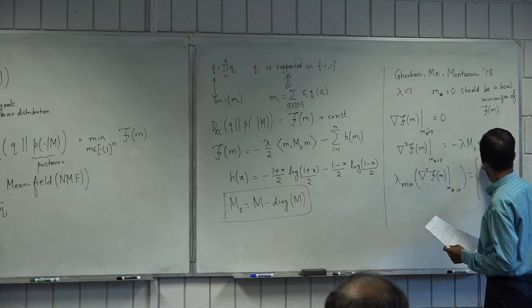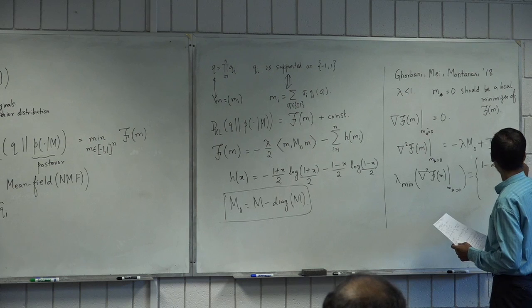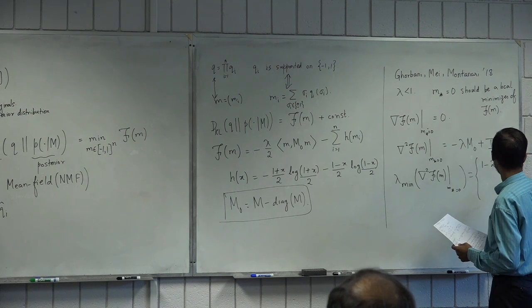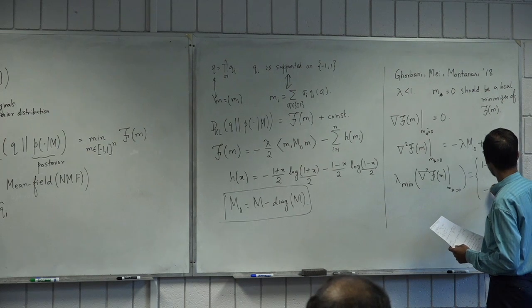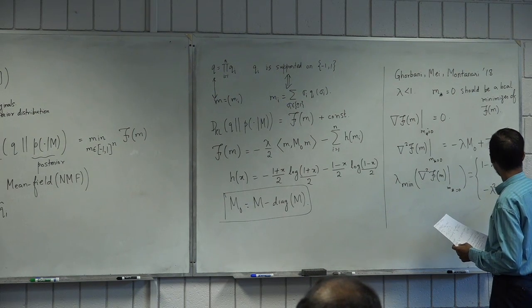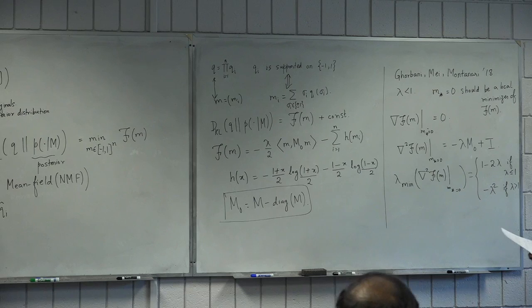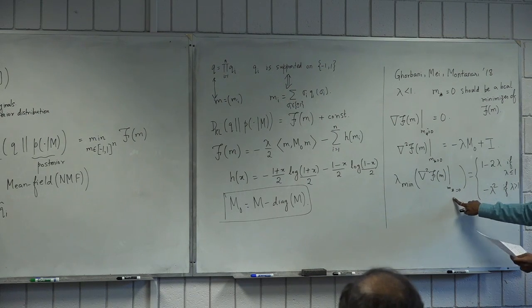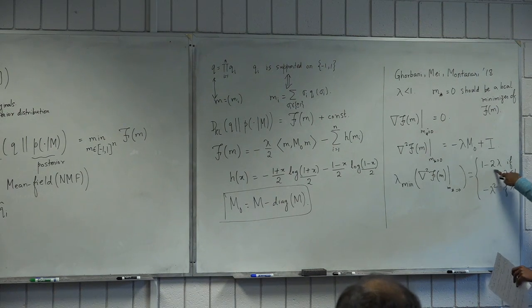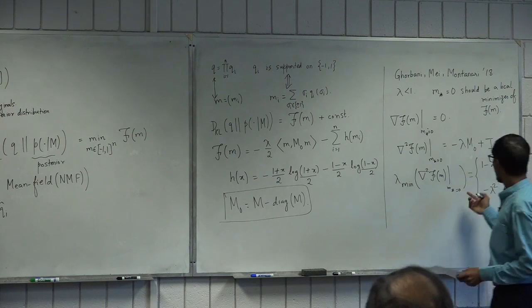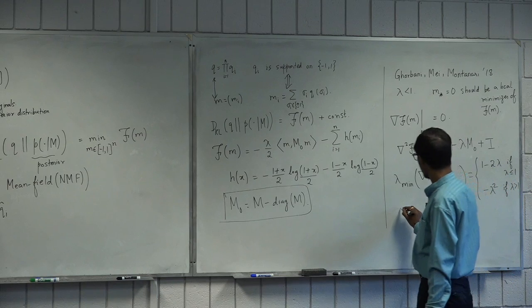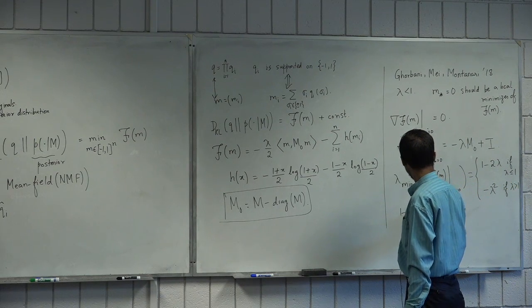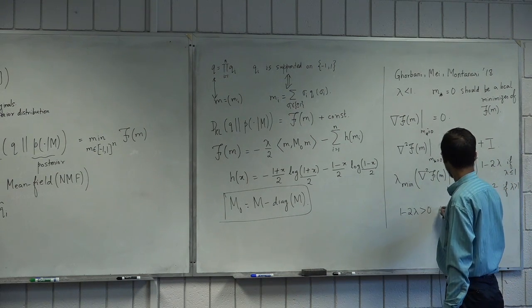this is 1 minus 2 lambda if lambda is less than 1, and this is negative lambda squared if lambda is bigger than 1. So for m star equals 0 to be a local minimum, you want this to be positive. But this is positive only if lambda is less than a half, right? So 1 minus 2 lambda is positive if and only if lambda is less than a half.